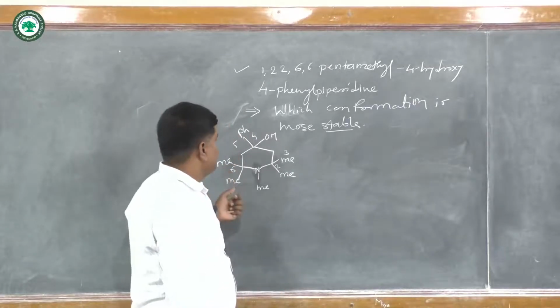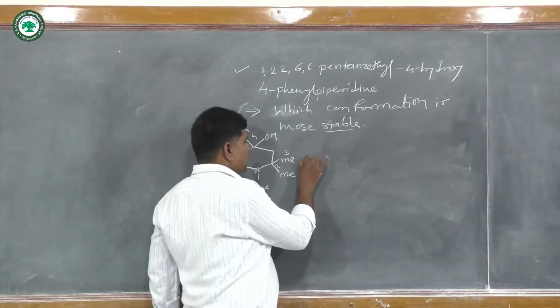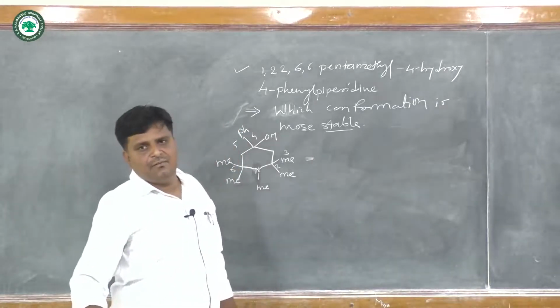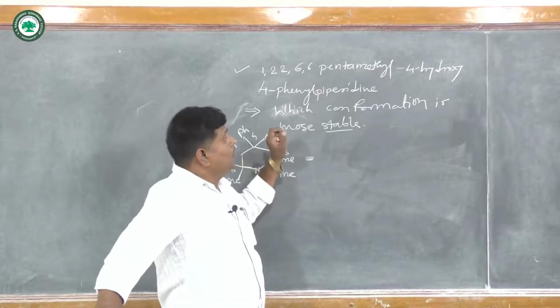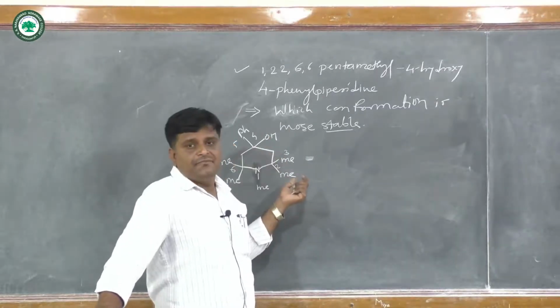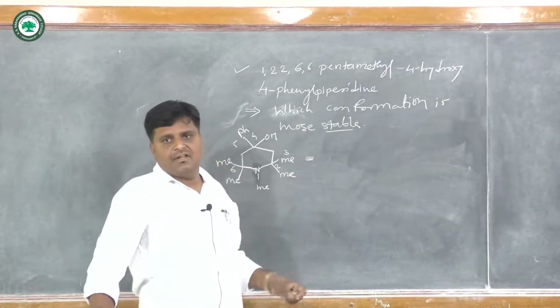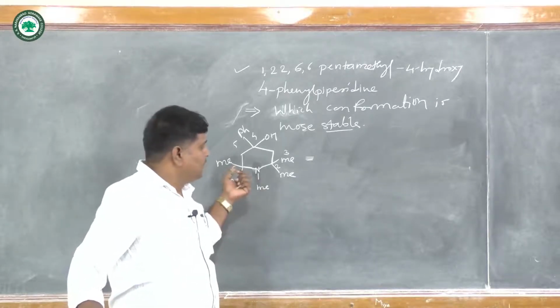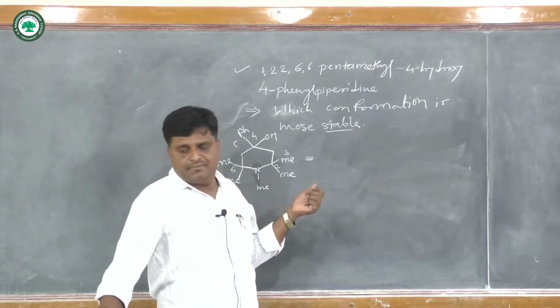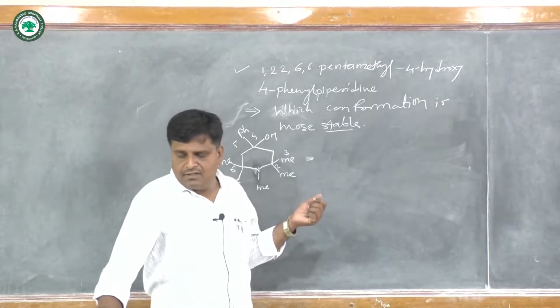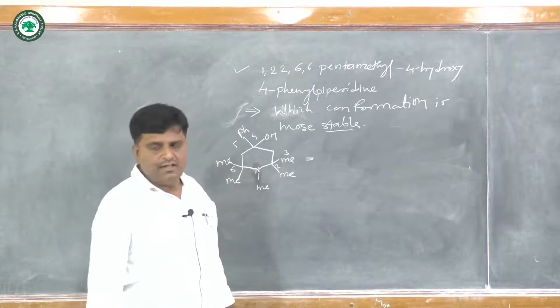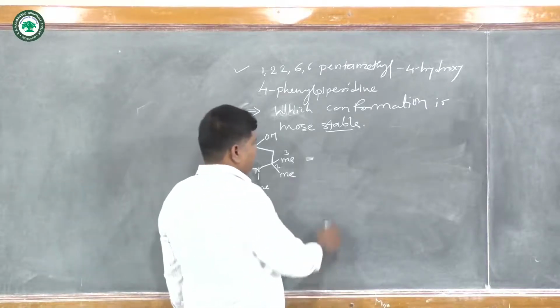Now we convert this structure into the chair conformation, and whichever is more stable, either chair or boat conformation. First we try to convert that into the chair conformation.